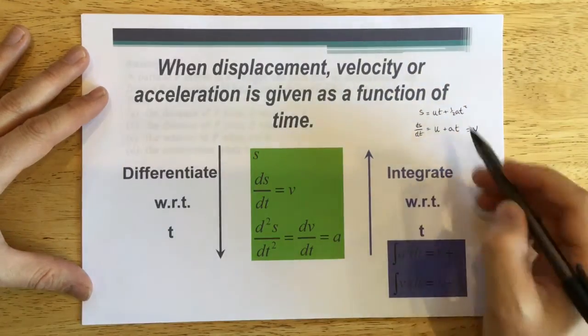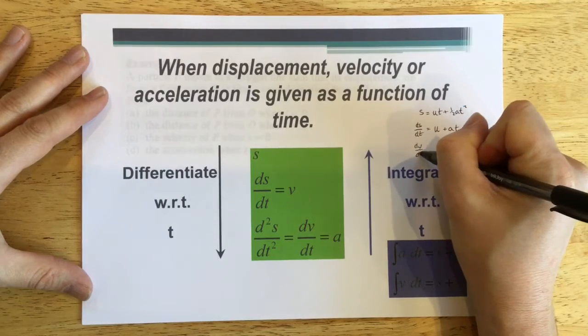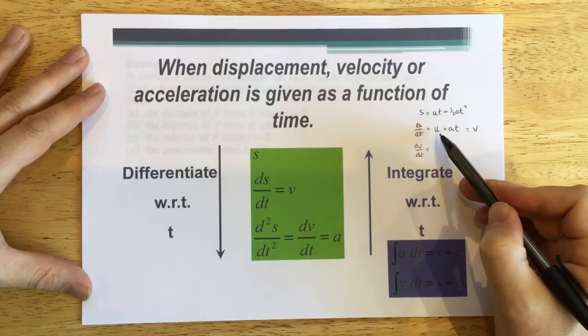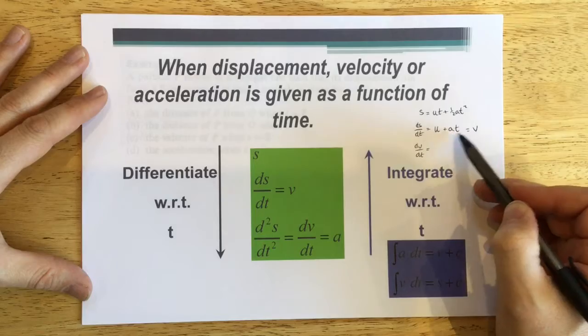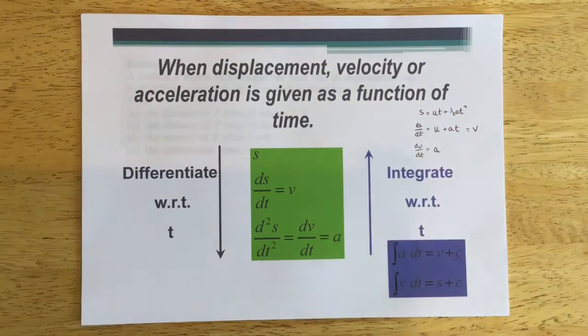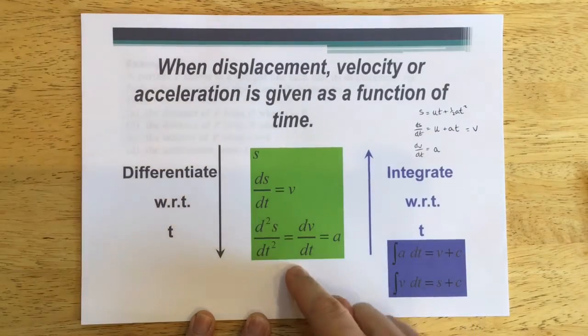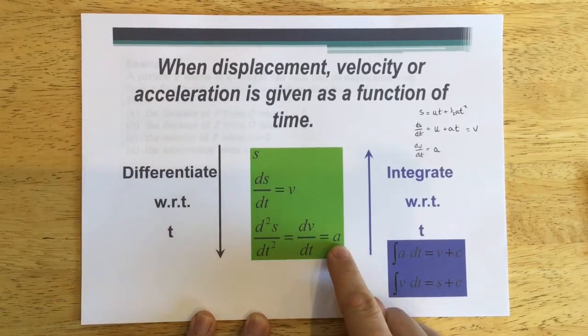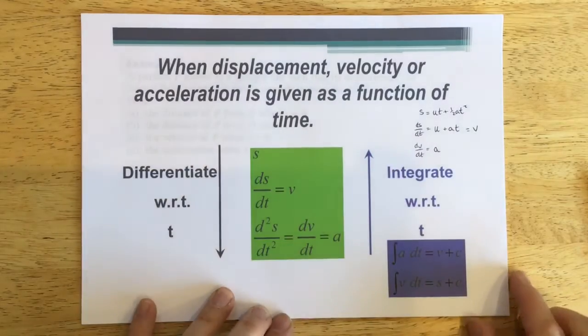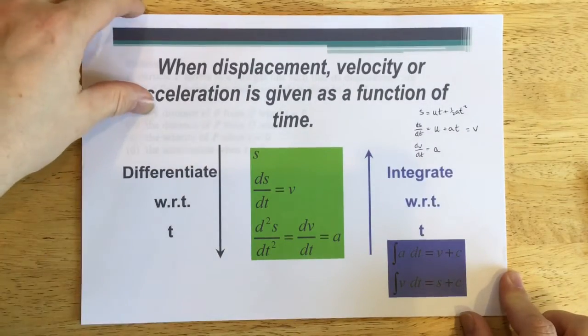And if we then differentiate this again, dv by dt, u is a constant, so it differentiates to give nothing. at just differentiates to give a, acceleration. So that can be a wee hint if you're not quite sure about which way is which. We start with displacement and we differentiate to get velocity and acceleration, or we start with acceleration and we integrate to get velocity or displacement.